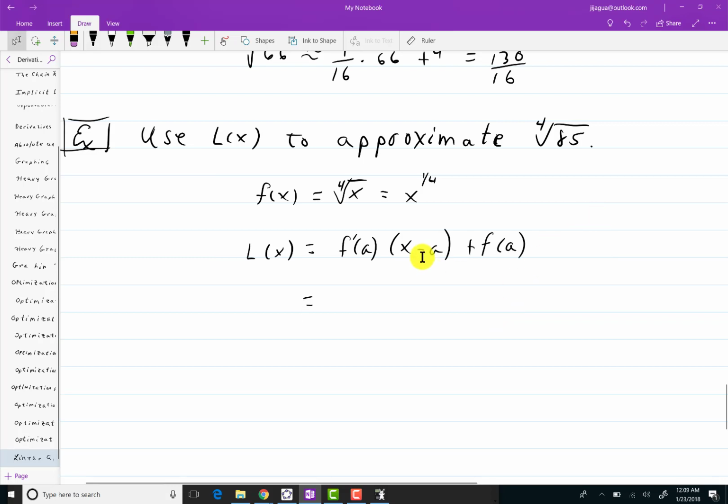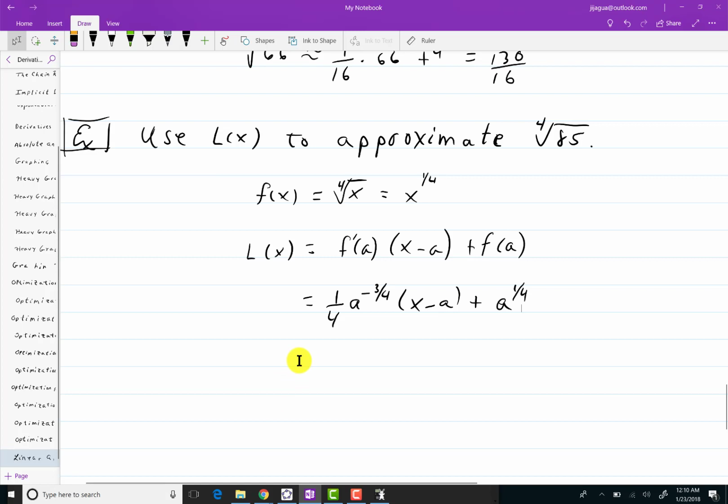And so the derivative of x to the 1/4 is 1/4 x to the negative 3/4 times x minus a. Careful there, that is an a. Plus a to the 1/4 power, or the fourth root of a.